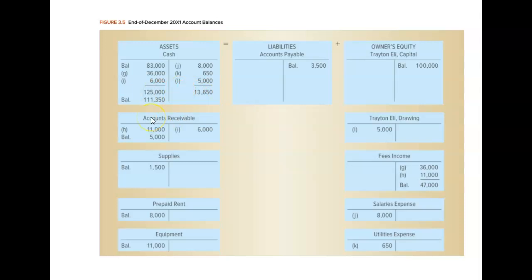The same method has been applied to find the balances in each of the other accounts. For instance, the $11,000 debit in accounts receivable is greater than the $6,000 credit in accounts receivable, leaving a $5,000 debit balance in accounts receivable.